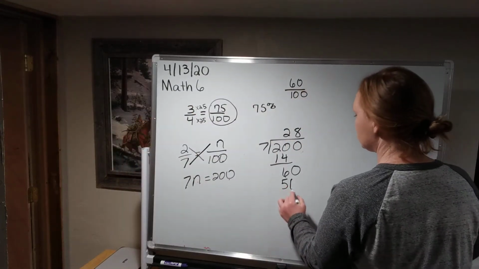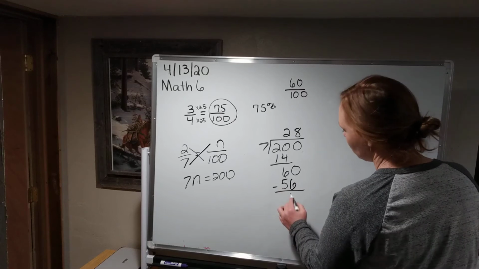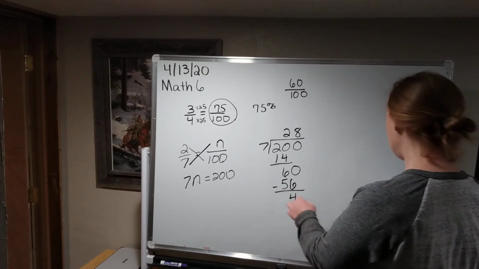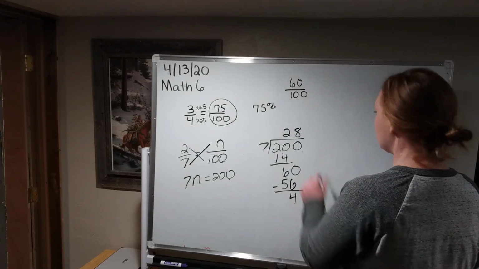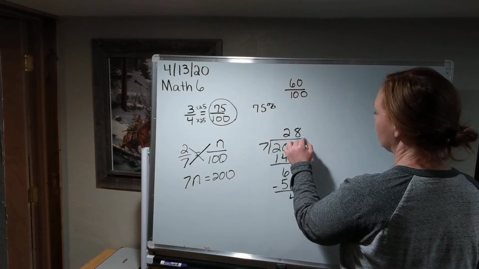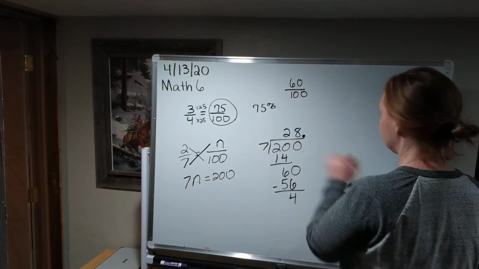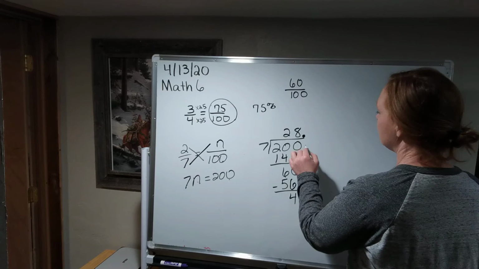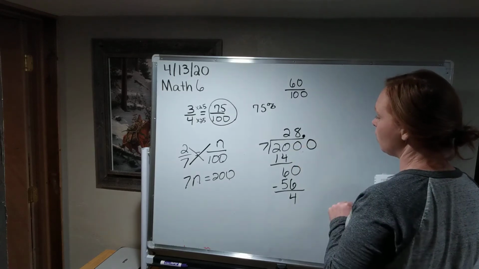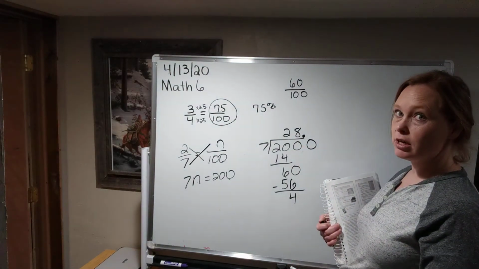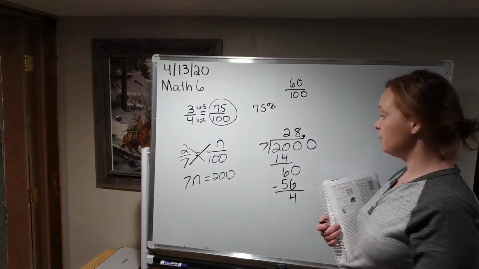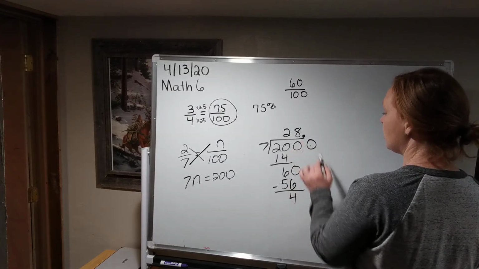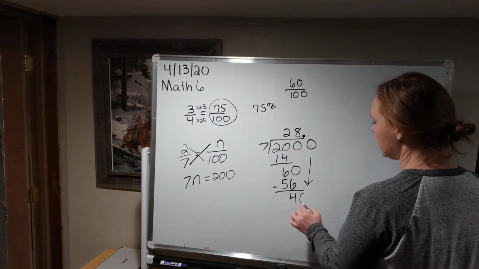Sorry, I just wanted to double check myself. Okay, 4 left over. Okay, what do we do with the 4? Well, we're going to add a decimal point here. Okay, and we're going to add a 0 on because we can't have a fraction and we can't have a remainder. So I add that decimal point on, add my 0 on, and bring it down.